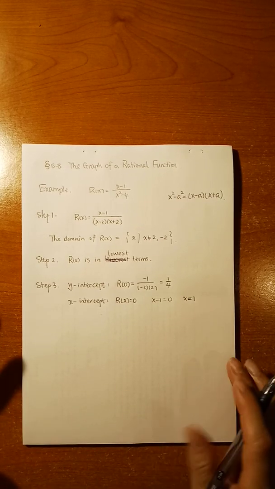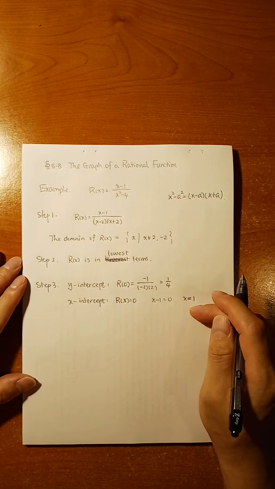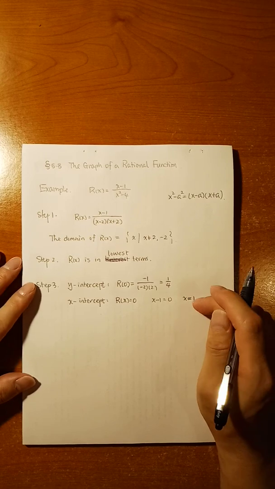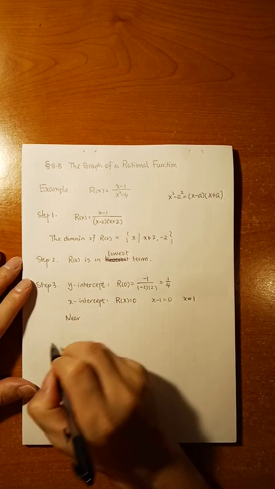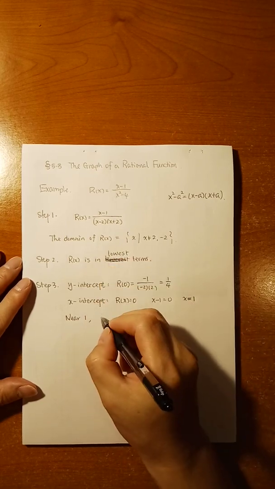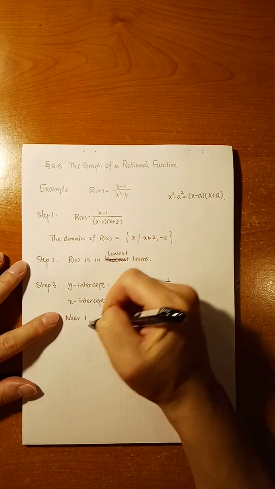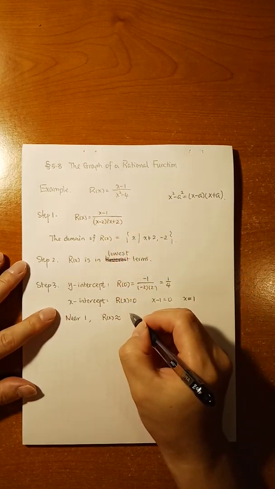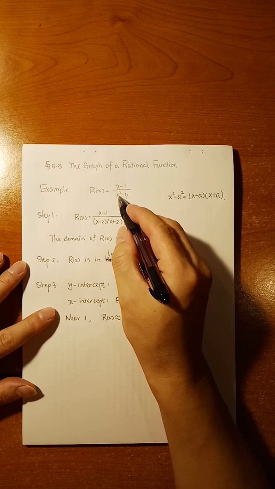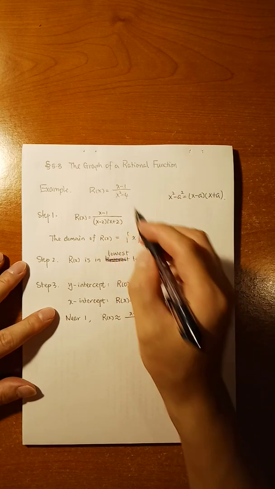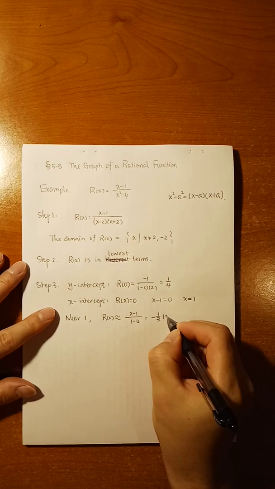After you get this x-intercept, let's study the behavior near the x-intercept. Near 1, R of x is approximately, you keep x minus 1 and replace x by 1 in the other terms. 1 squared is 1, minus 4, so it's negative 1 over 3 times x minus 1.